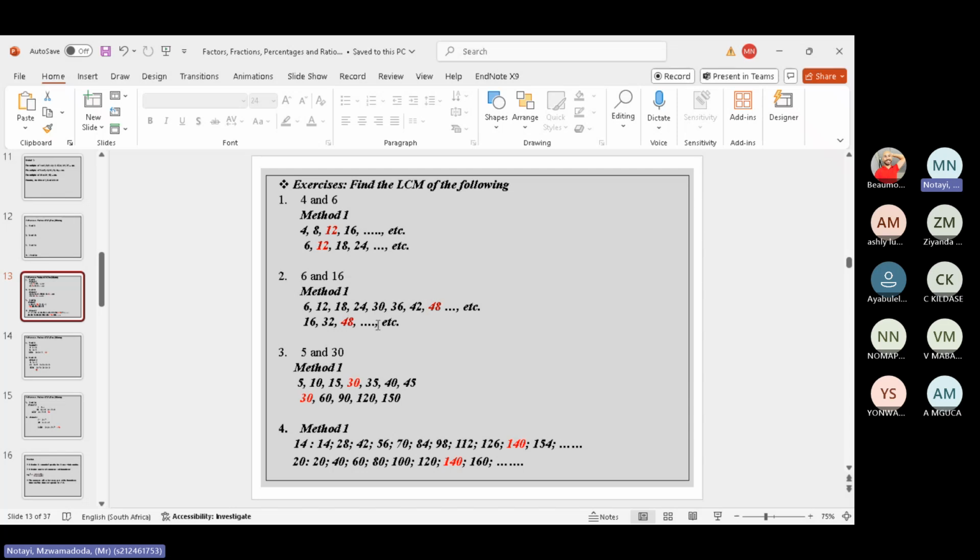So looking at the list, you will see that the lowest common one of them all will be 48. So the LCM of 6 and 16 is 48.